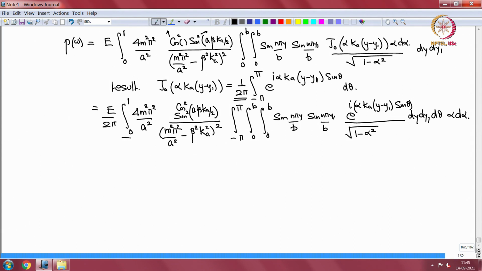Alpha relates to this integral, so please don't forget. And remember α² plus β² is equal to 1.